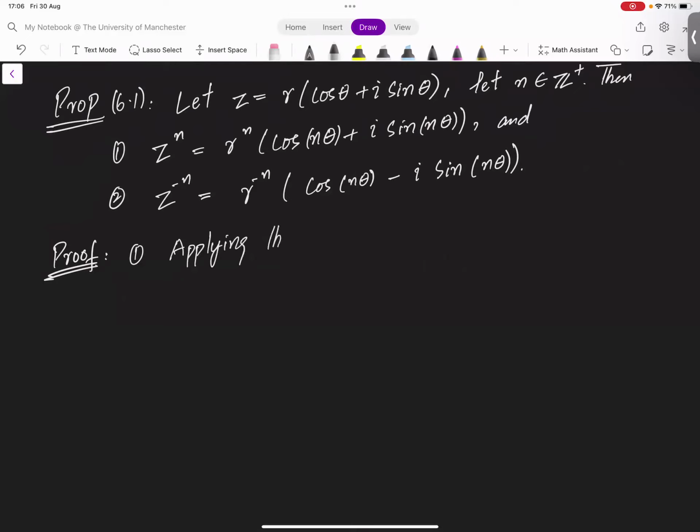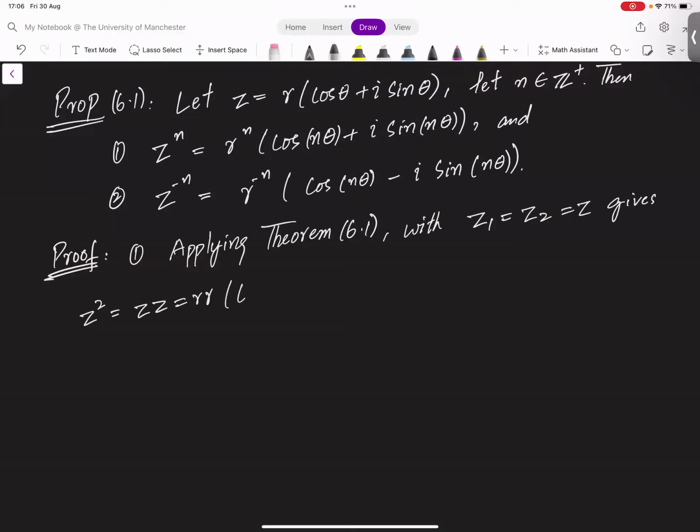Applying theorem 6.1 with z1 equals z2 equals z gives z square, which is z into z, which is r into r, cos of theta plus theta plus iota sine of theta plus theta, which is nothing but r square cos 2 theta plus iota sine 2 theta.